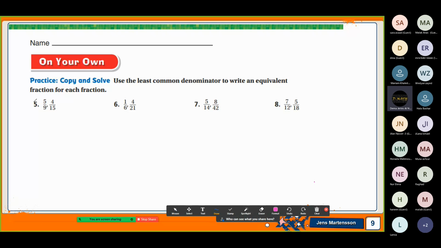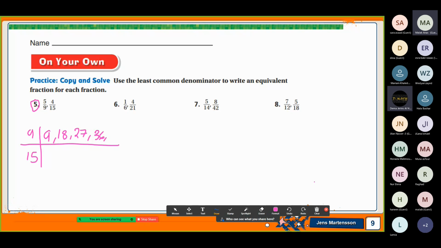Number 5. So first, 9 and 15. What are the multiples of them? 9 times 1 equals 9. 9 times 2 equals 18. 9 times 3 equals 27. 9 times 4 equals 36.